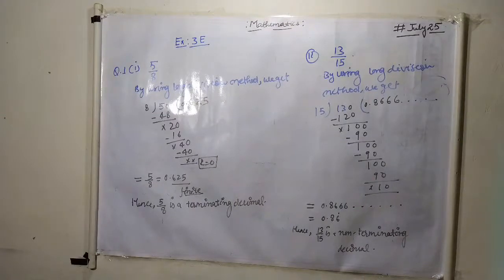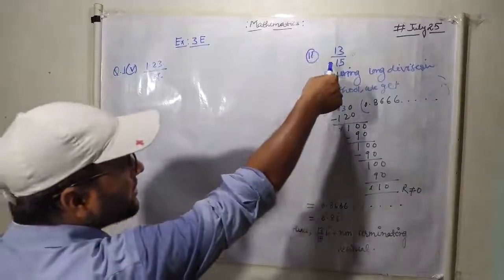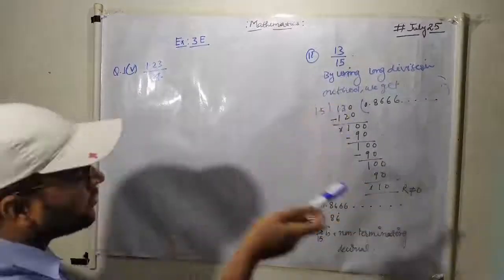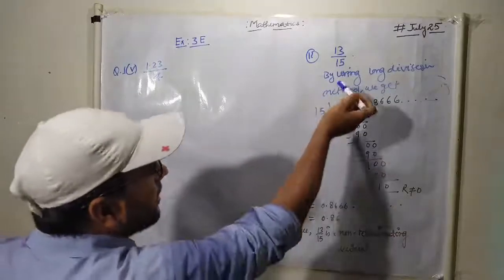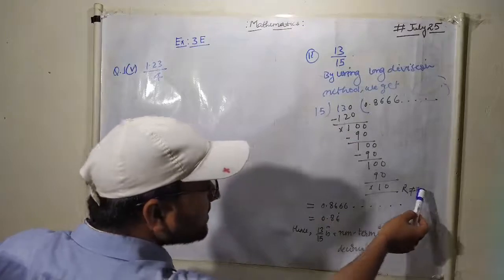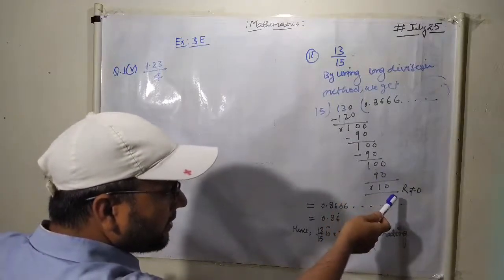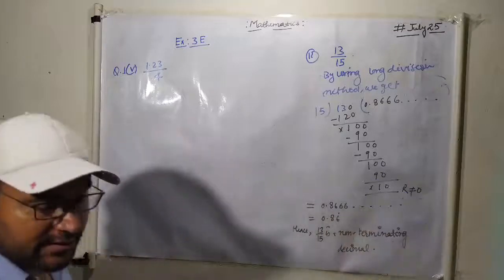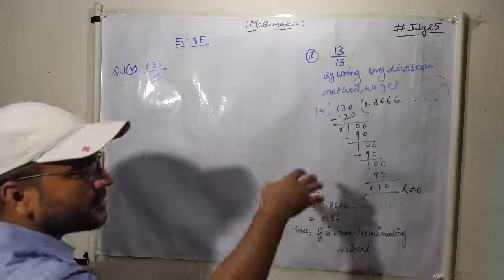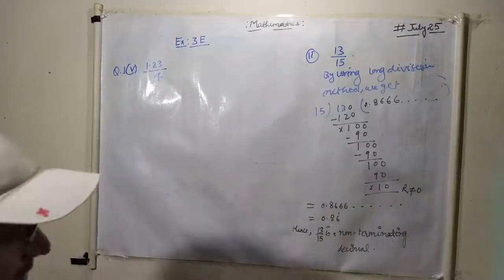Then after that I am going to do question number fifth. Here, in this one, you can see the remainder is not equal to 0, which means its division has not ended. So by seeing it you can tell that it is a non-terminating decimal.